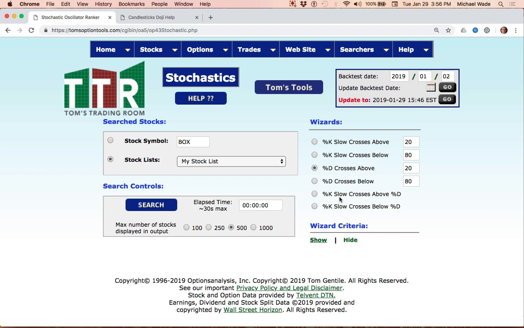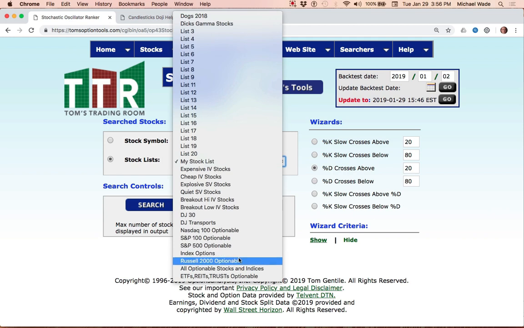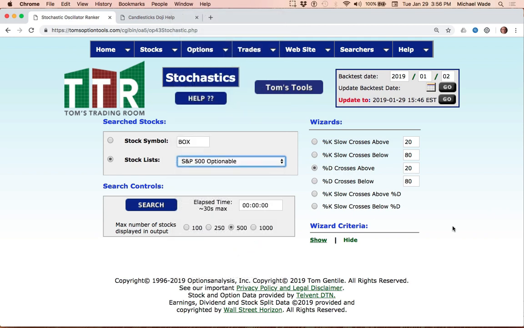I can use the %K crossing above the %D for bullish. I could also use %K for bullish above 20. Feel free to hop into the help button if you want to learn more about that. I also have a video on stochastics in and of itself, so feel free to watch that video if you want to know more.